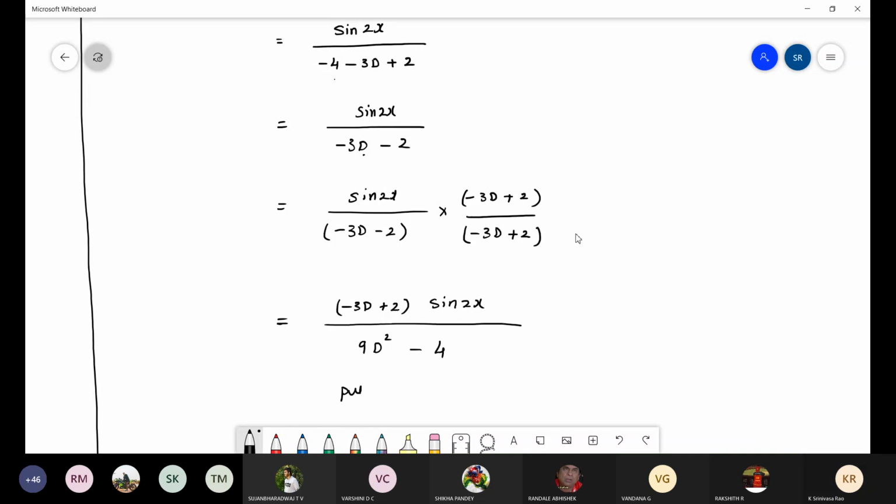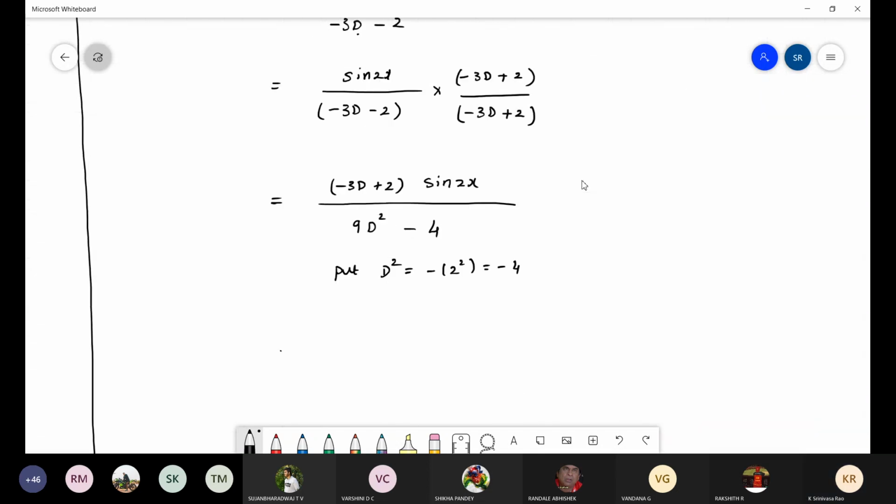Now put the substitution D square equals minus 4, since B square is minus of 2 square, nothing but minus 4. Once you substitute D square, you can multiply the numerator: minus 3D into sin 2x plus 2 into sin 2x, divided by 9 into minus 4 minus 4.